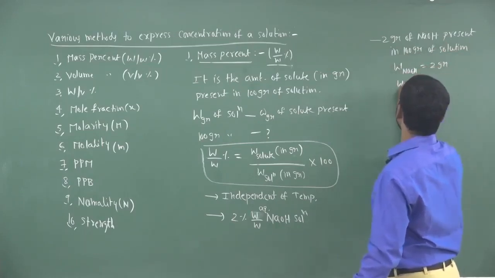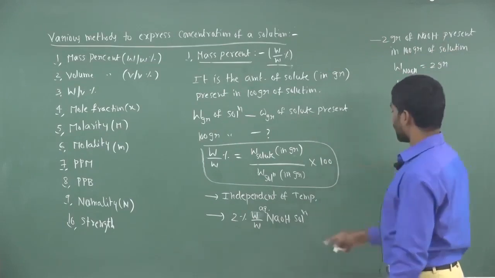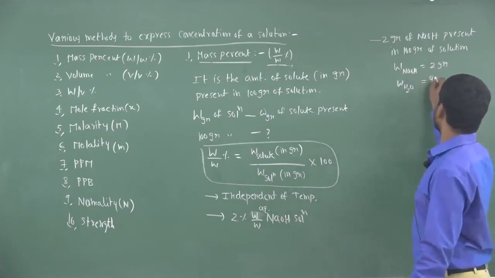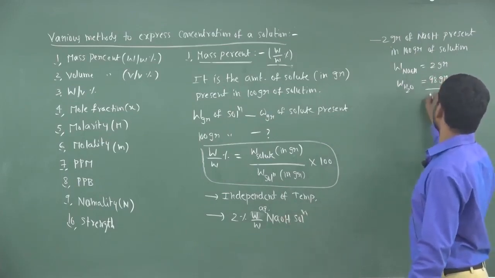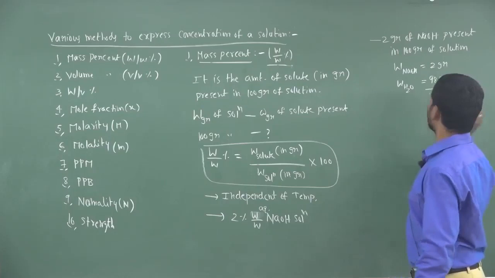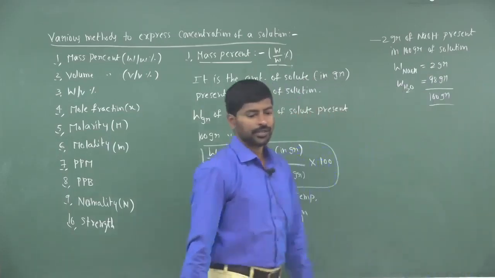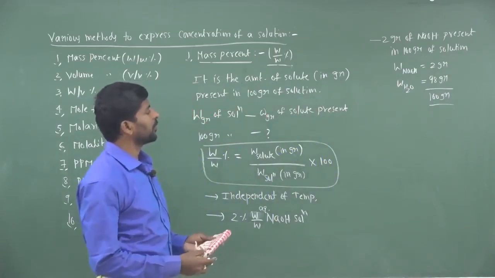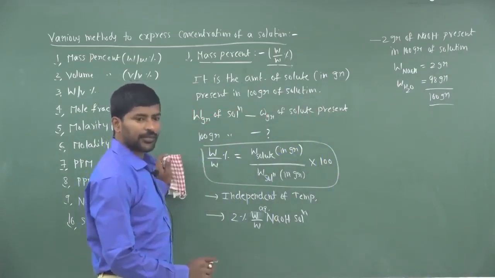What about the weight of water in the aqueous solution? 2 grams is NaOH, the remaining is water. So total solution weight is 100 grams. The weight of NaOH is 2 grams, weight of water 98 grams, so we get 100 grams of solution.